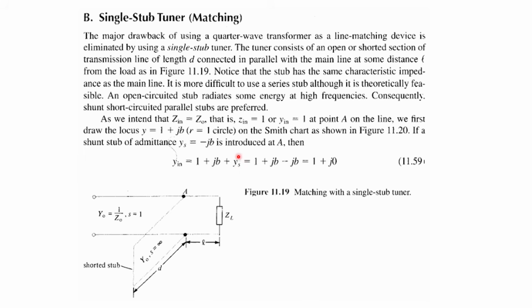So we are adding this parallel ys. Why are we adding it? So that ys is equal to minus jb, so that minus jb plus jb cancel out, and finally we will receive y in equal to 1. That is our target. If it is 1, it simply means that z in is equal to zo, meaning admittance is matching, impedance is matching. So this is another technique.